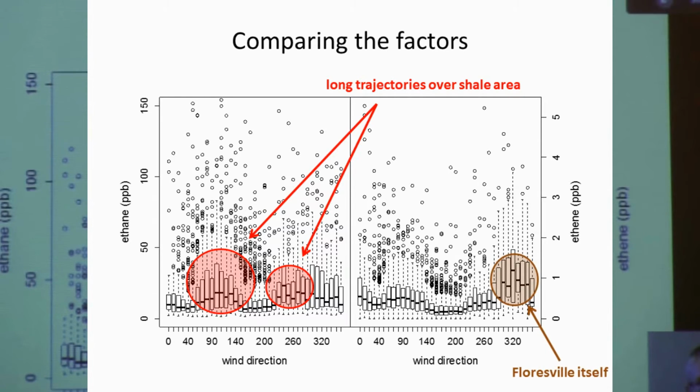In contrast, the highest values for the combustion factor are for the northwest wind directions where the city of Floresville is, so that's not too surprising. You can see slightly elevated values though also for ethane for the two wind directions that are highlighted for the ethane factors, namely easterlies and southwesterlies.